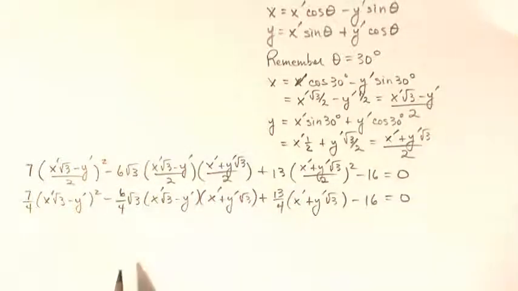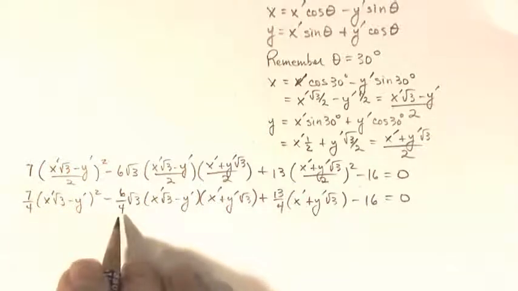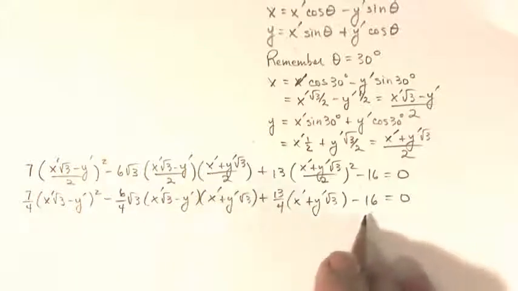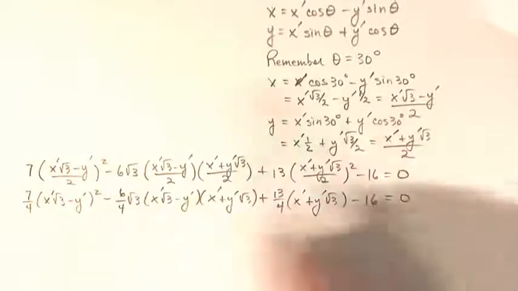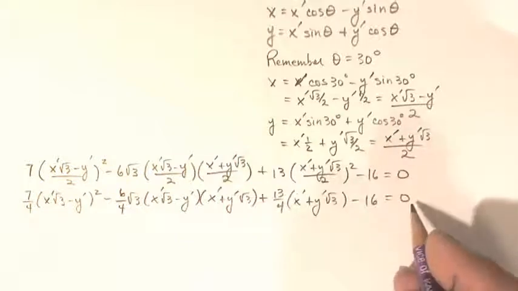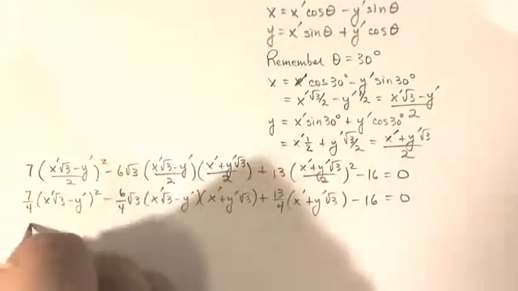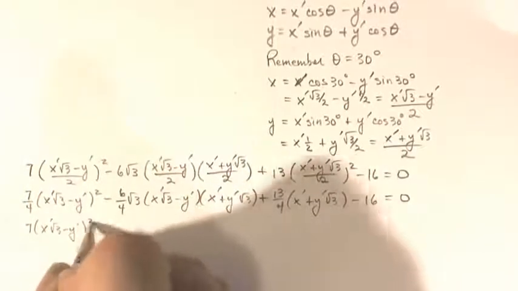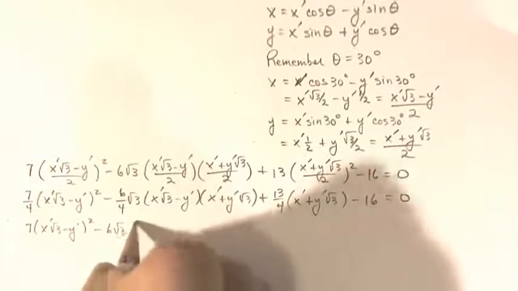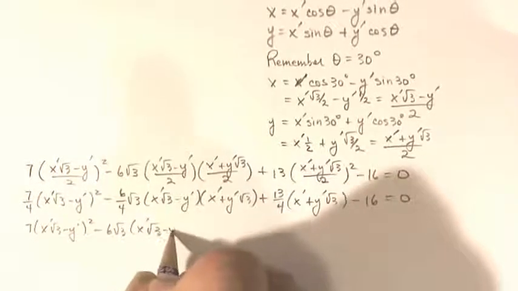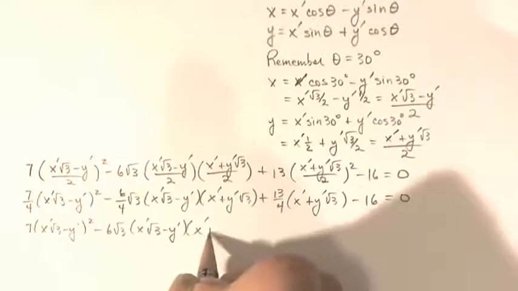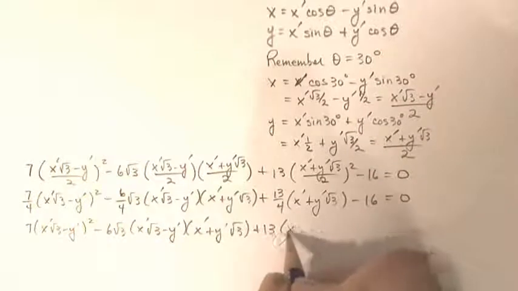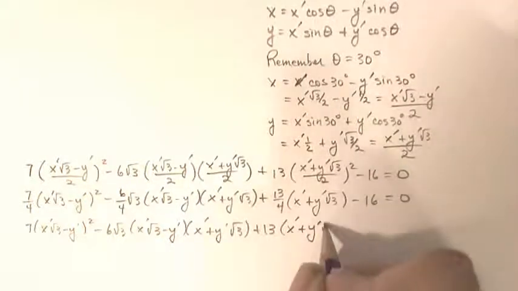Shifting everything up a little bit, we notice we have a 4 and a 4, and we could get rid of all these 4's by multiplying both sides of the equation by 4. It will still have a 0 over here, but this will become 7 x primed root 3 minus y primed squared, minus 6 root 3 x primed root 3 minus y primed, x primed plus y primed root 3, plus 13 x primed plus y primed root 3.